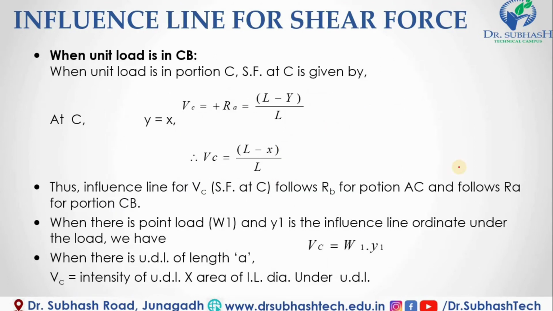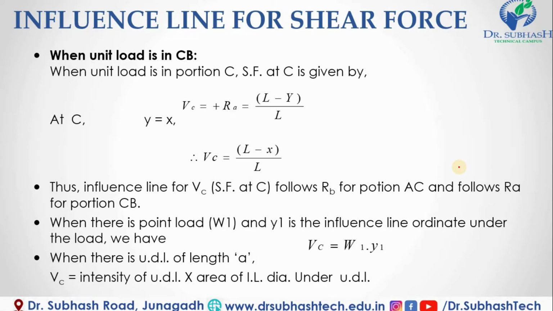Now, when the unit load is in CB, how do we calculate VC from the right-hand side? When the unit load is in portion CB, the SF at C is given by RA, which is 1 into (L minus Y) upon L. Here Y should be X, so again we get (L minus X) upon L. This is a very simple phenomenon.